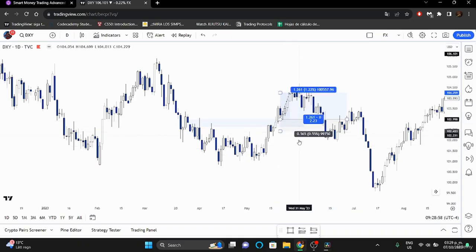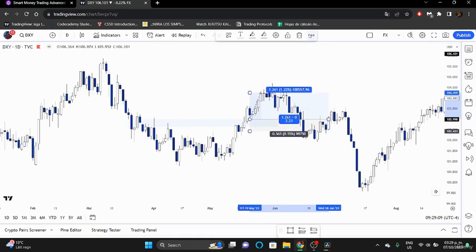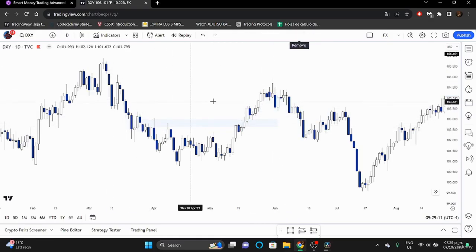Something of this nature. Obviously, I do not trade on a daily time frame. There's no point in me looking for a target because I do not trade here. But on a lower time frame, you have this as your higher time frame. You understand? It goes, taps into it, goes higher.